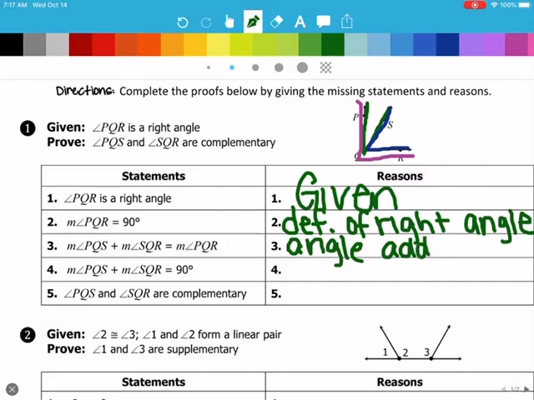I'm going to abbreviate. I can't fit postulate, so I'm just going to put post. Okay, next, we took out PQR, and we put in 90 degrees. So remember, when we take something out and put something in, we are substituting.